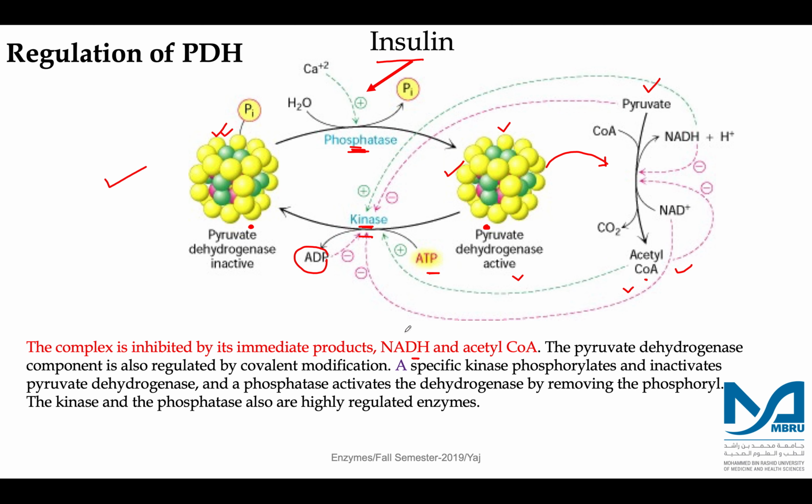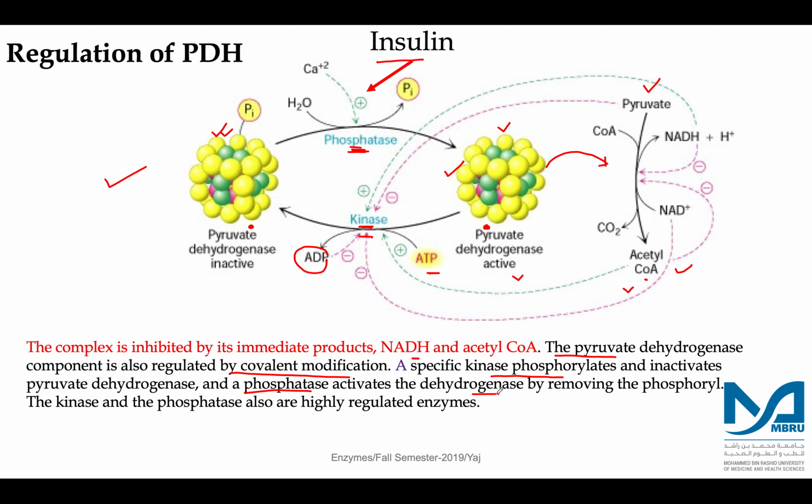So I have written a small paragraph here. The pyruvate dehydrogenase complex is also regulated by covalent modification. A specific kinase phosphorylates and inactivates pyruvate dehydrogenase, and a phosphatase activates the dehydrogenase by removing the phosphoryl group.